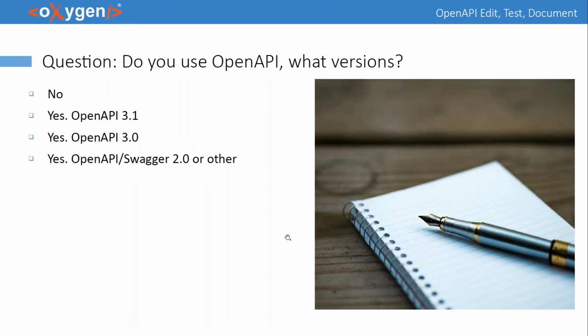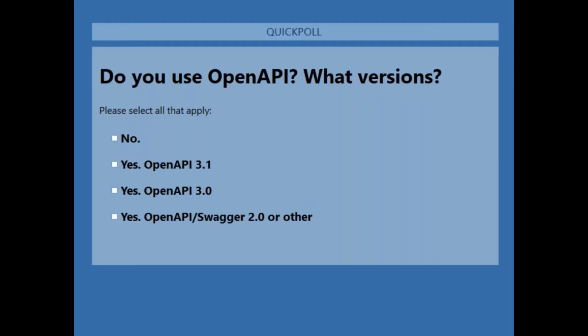Before I go forward, I have a question for you. Do you use OpenAPI? And if you are using it, what version are you using? I will ask Aline to start the poll. The answers are: no, I'm not using it, or yes, I'm using 3.1, or yes, I'm using 3.0, or maybe an older version, 2.0 or older.